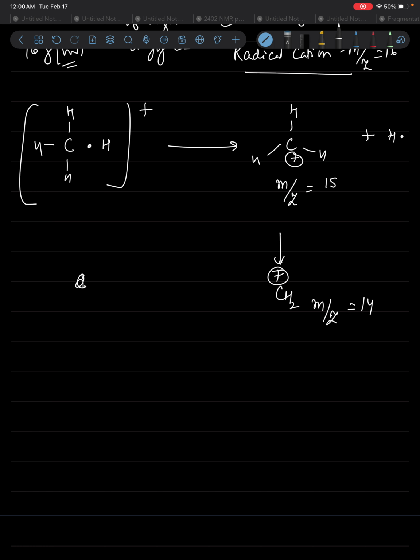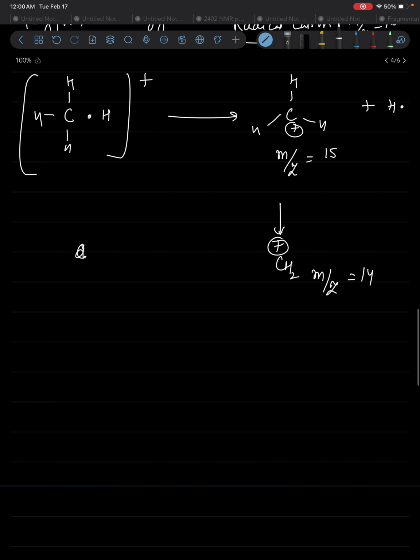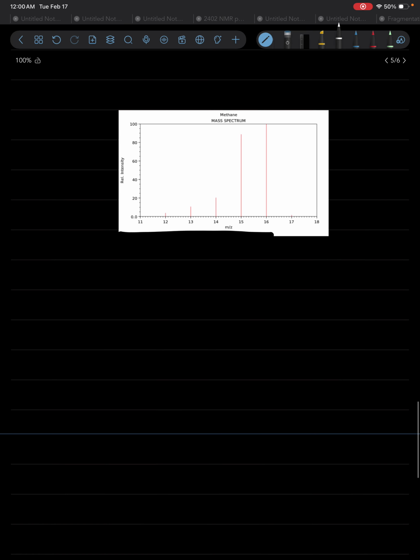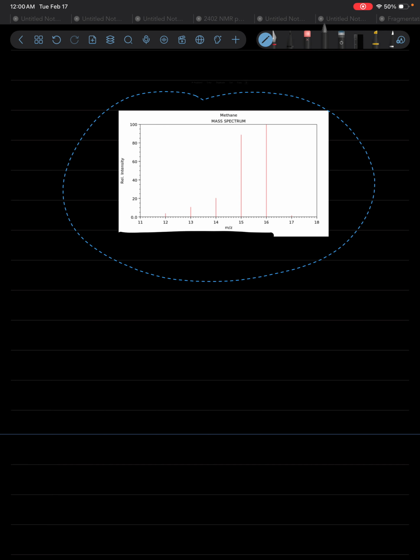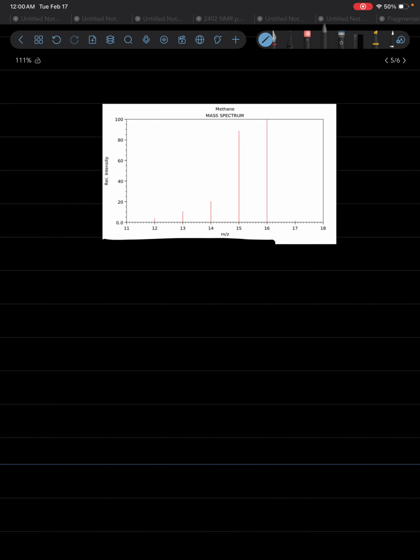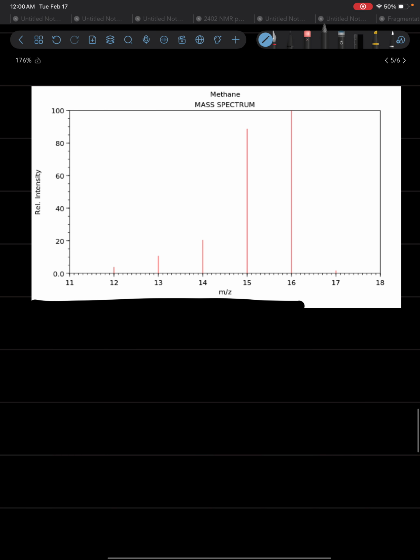So if I show you the mass spectrum of methane, it is this one. Let me enlarge this one. If we see here, this is our base peak. The base peak is the peak which has a relative abundance of 100%, the tallest peak, right?